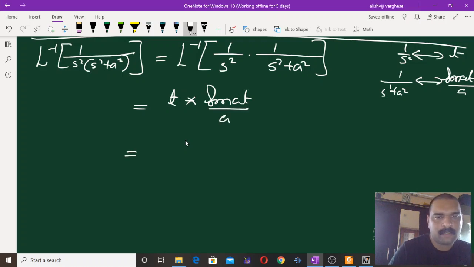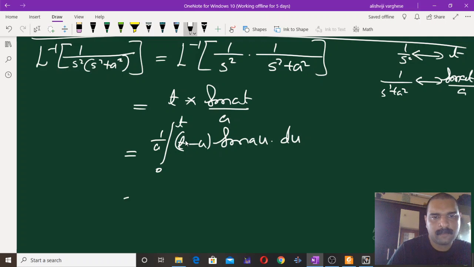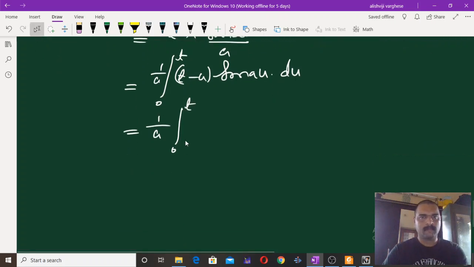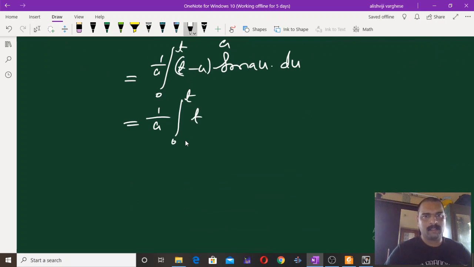By definition, this is equal to the integral from 0 to t. We take t as the first function, so it is (t minus u) into sine au by a du. That a is a constant, so it is taken outside the integral, and this is equal to 1 by a into the integral from 0 to t of (t minus u) into sine au du.